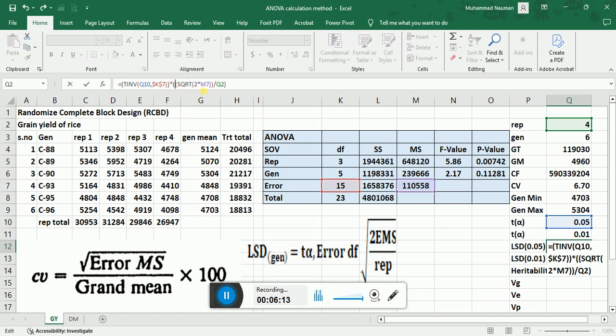We also want this cell and this cell fixed. Now we will place the dollar sign before and after the alphabet. This M7 is the error mean square, okay, and this Q2 is the replication.